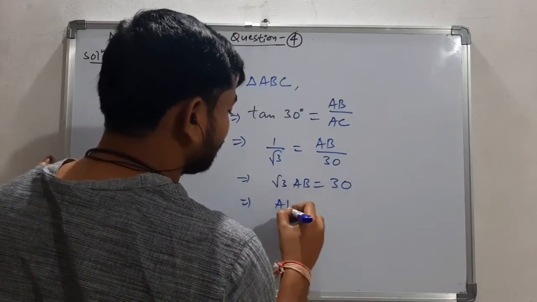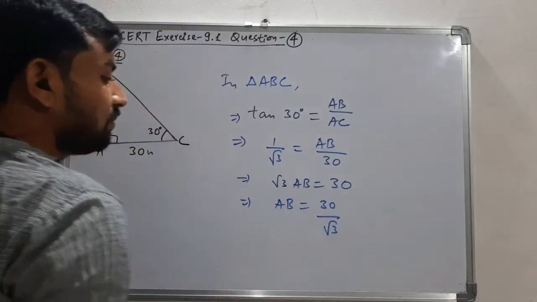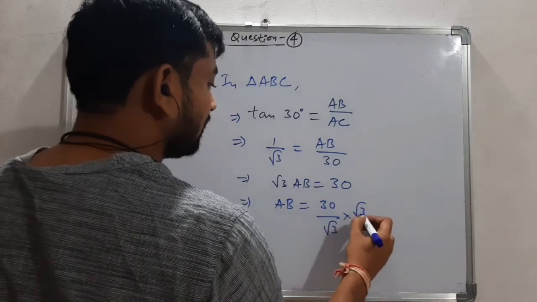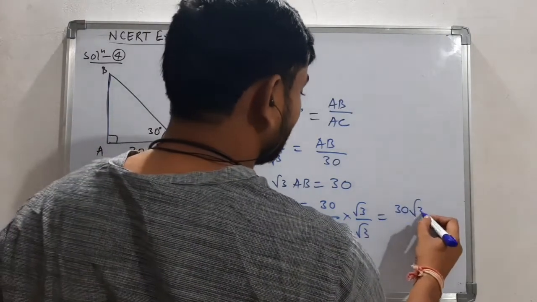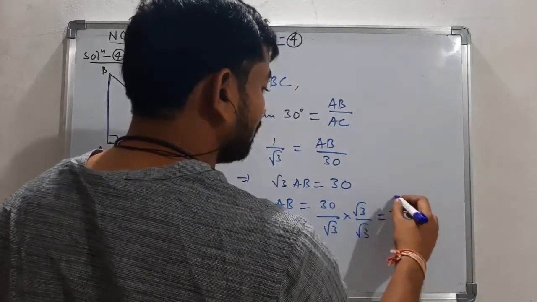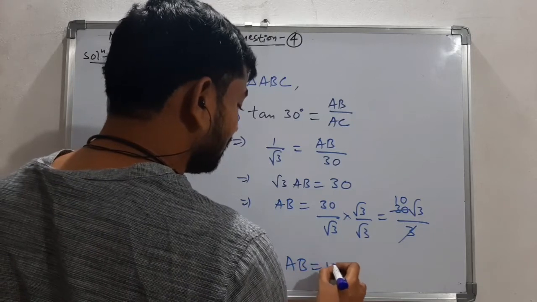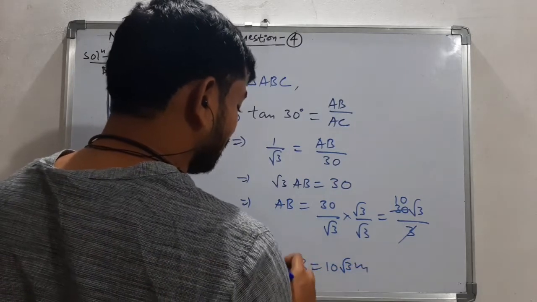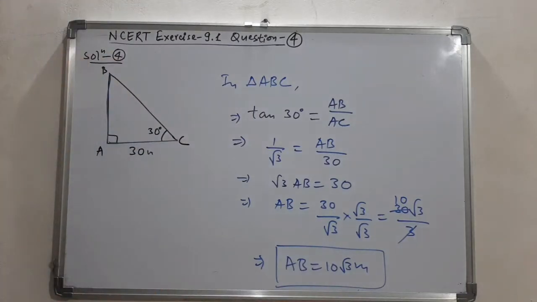So the value of AB will be 30 upon root 3, and as I told you in previous questions, we cannot keep the irrational number here, so this will be 30 root 3 upon 3. So when we divide it by 3, we will be getting the height of tower, that is 10 root 3 meters. So this is how we solve this very simple question based on trigonometry.